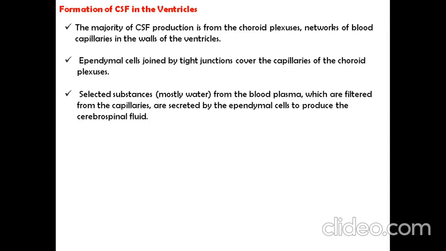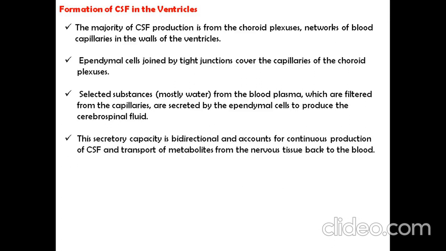Selected substances from the blood plasma which are filtered from the capillaries are secreted by the ependymal cells to produce the cerebrospinal fluid. This secretory capacity is bidirectional and accounts for continuous production of cerebrospinal fluid and transport of metabolites from the nervous tissue back to the blood.